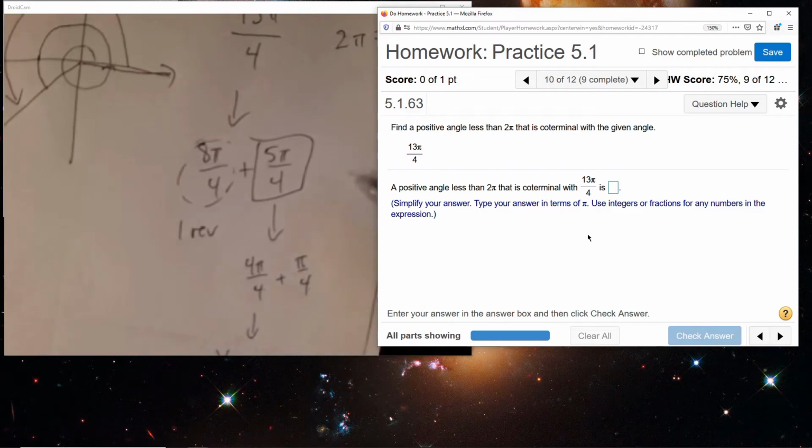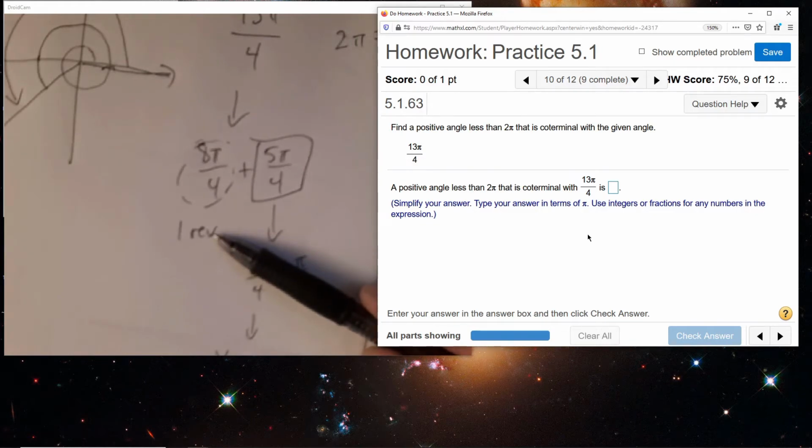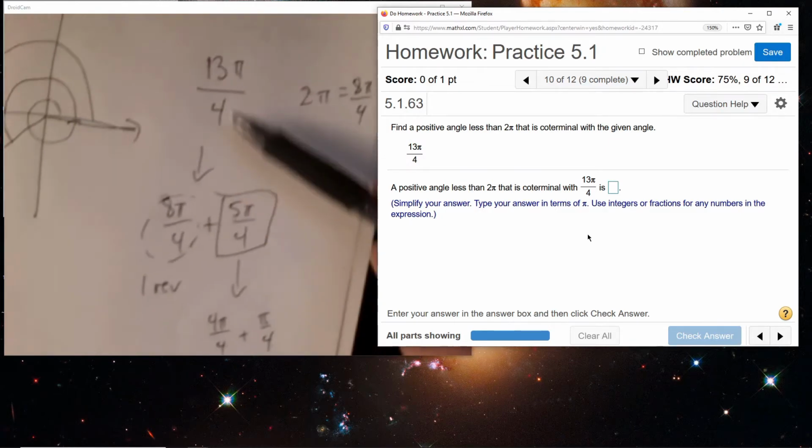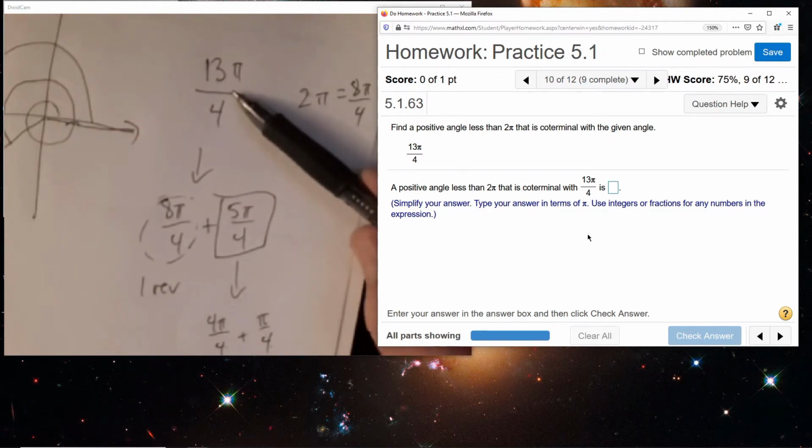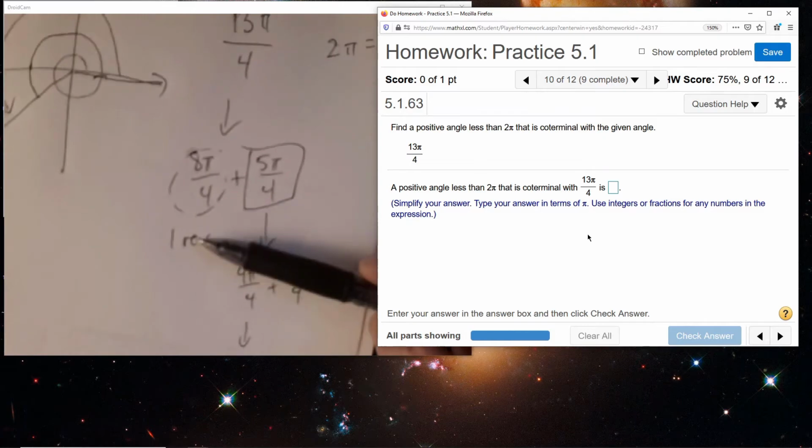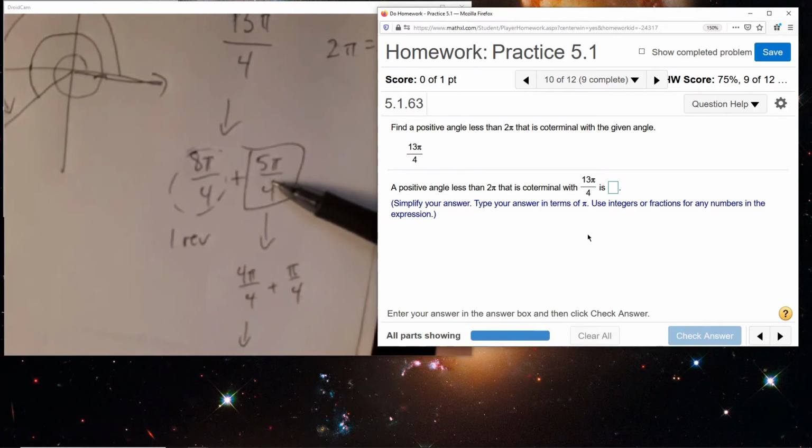So again, if you have an angle and you add 1 revolution to that, that will always be coterminal. So what they're doing is they're giving us very large angles, and so we subtract off 1 revolution, and then we're left with the smallest positive coterminal angle.